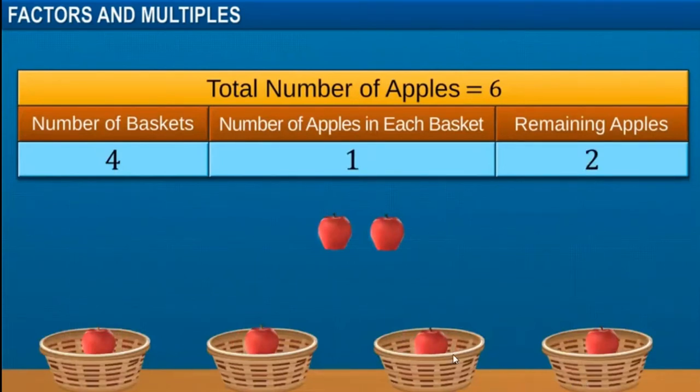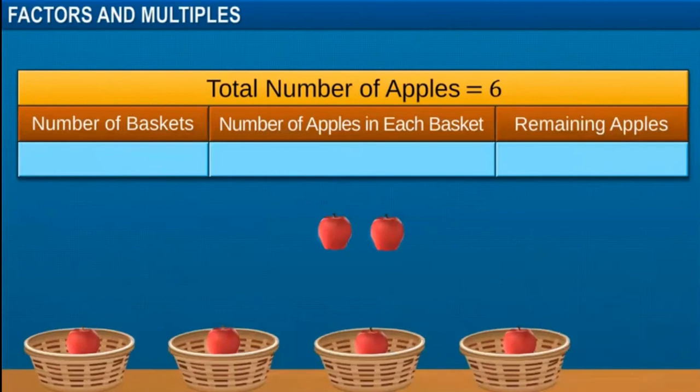We have to divide them equally; that was our condition. Every basket must have the same number. Each basket will get 1 apple and 2 apples will be left over. We do not have baskets for the 2 apples. This is what happens if you try to pack the 6 apples in 4 baskets. We cannot divide 6 apples equally in 4 baskets.